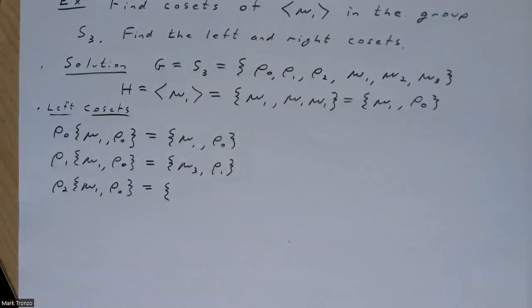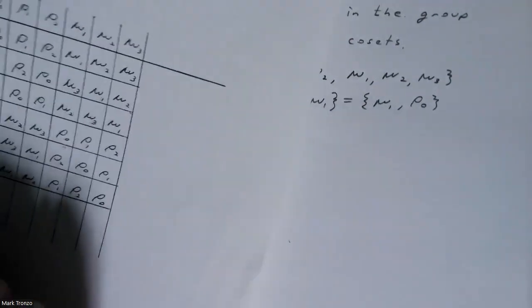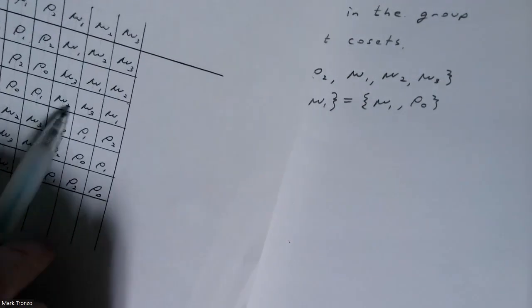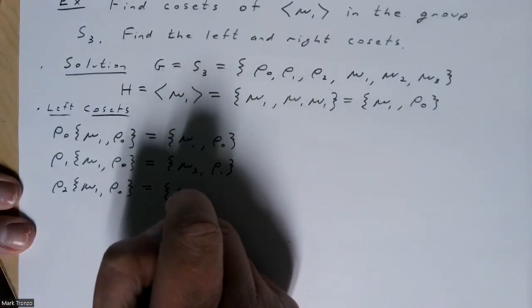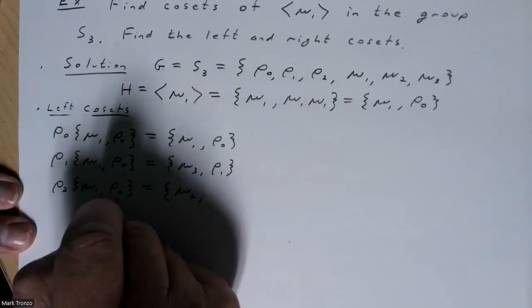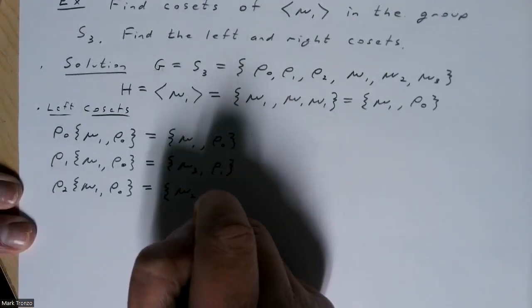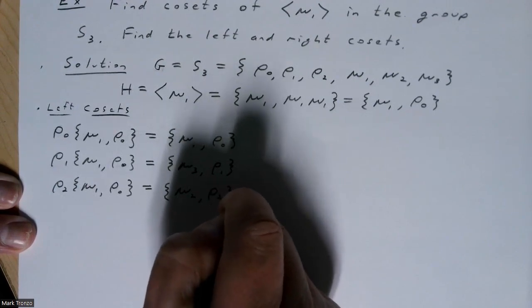We're going to have to look at our table again here. And rho 2 times mu1, rho 2 mu1 is mu2. And of course, rho 2 times the identity is going to be rho 2.